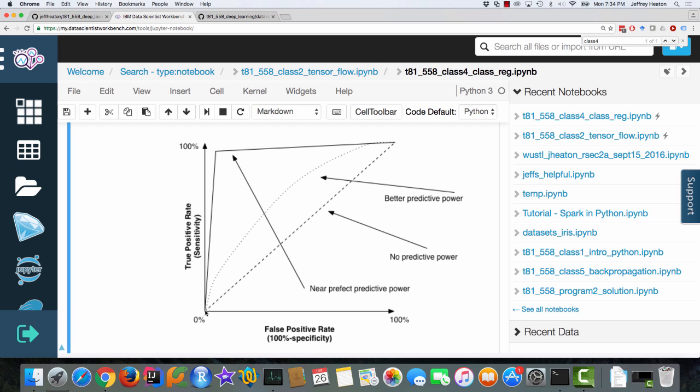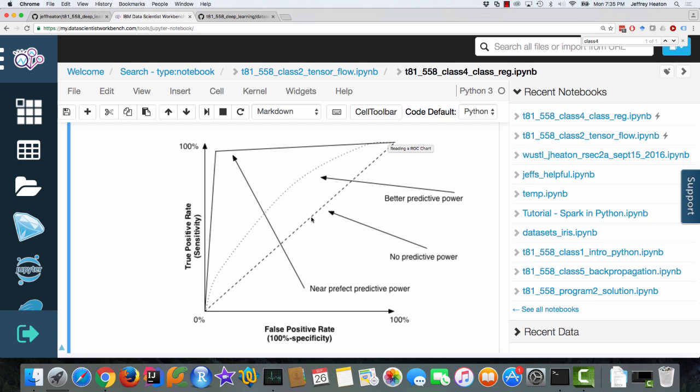Usually, the line will always start in the corners. Because if you're willing to accept a false positive rate of 0%, then the other is going to be quite good. So no predictivity, where basically you're flipping a coin, from 0% to 100%, is no predictive power whatsoever for the model.